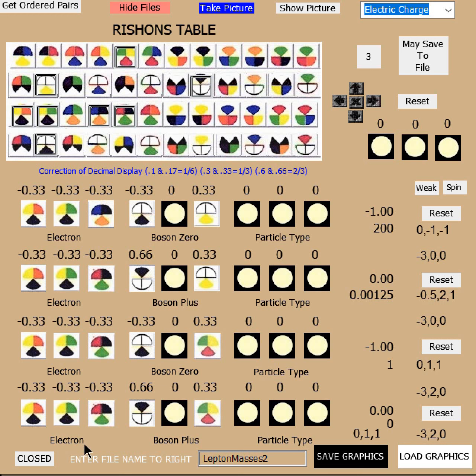And here, again, the electron giving us 200 units, 20 electron units for the mass. And now we have a scalar boson plus, which will convert the electron to the muon neutrino, and then give a division. And so let's see.